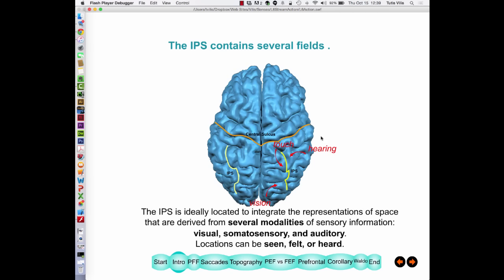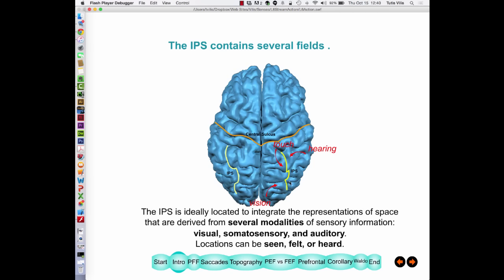So we have this touch information coming from behind the central sulcus. It has the whole representation of the body here. And all that touch information about where your fingers are or where your toes are is coming this way. The sounds are coming in this way, and it's relative to your head. This was relative to the body. Vision is telling you where things are relative to the eye.